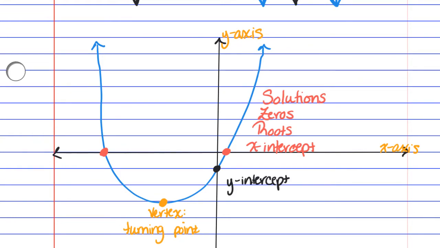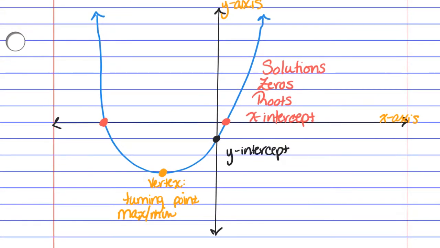Positive graphs have a low point, or a minimum, and a negative parabola has a high point, or a maximum. So you can also refer to these as max and min, or maximum values and minimum values of your parabola.